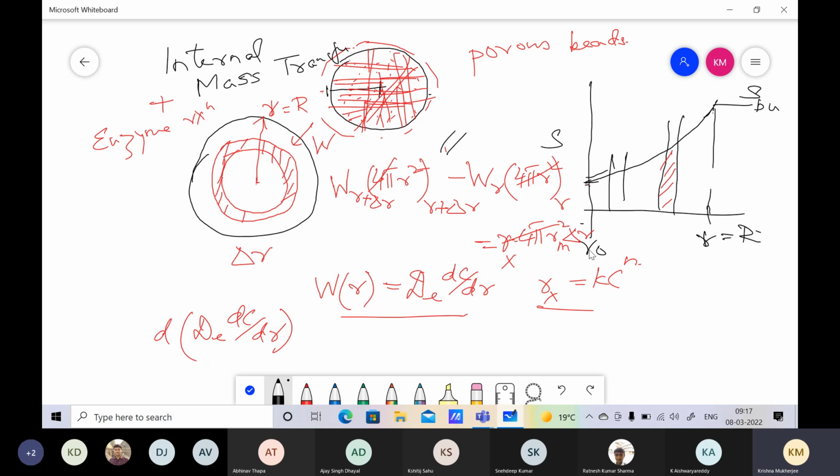Then divide by delta R here. So we have d(W R square) upon dR is equal to Rx into R square.